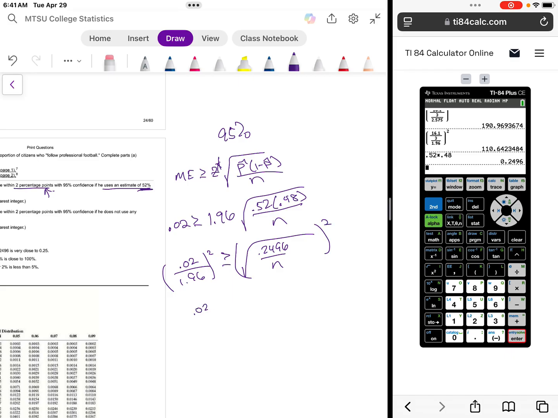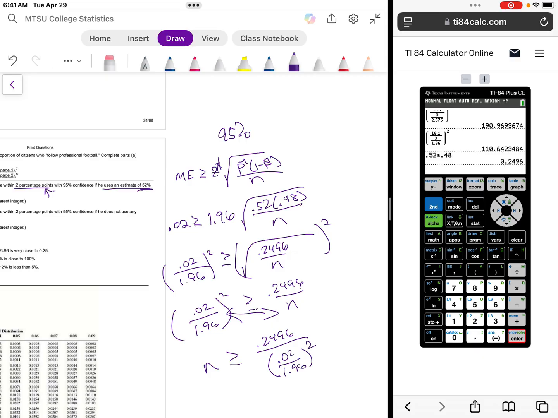So 0.02 over 1.96 squared, greater than or equal to 0.2496 over n. Trade places. N has got to be greater than or equal to, and again, remember, you can always pause this and catch up with me, 0.2496 over 0.02, 1.96 squared.